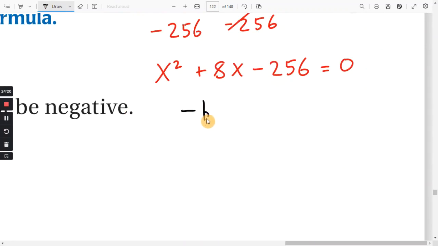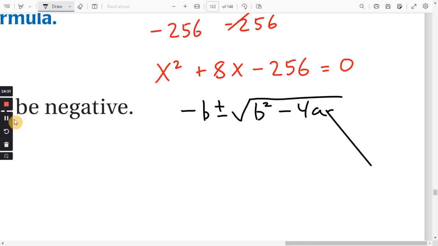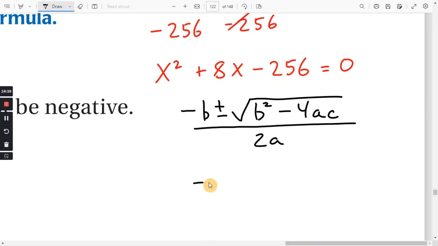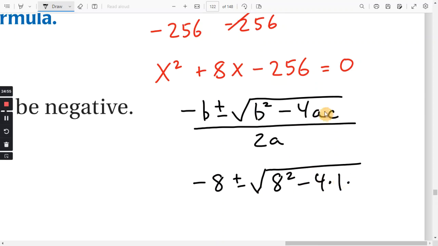Negative b plus or minus the radical of b squared minus 4ac, and that whole thing is divided by 2a. Negative b is going to be negative 8. b squared is going to be 8 squared, minus 4 times a, which is just 1, times c, which is negative 256.